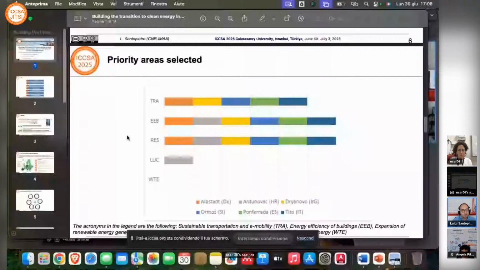Considering the state of the art of planning, each municipality has a recent plan or strategy. Indeed, they are all developed after 2010, and so are very recent in terms of commitments.